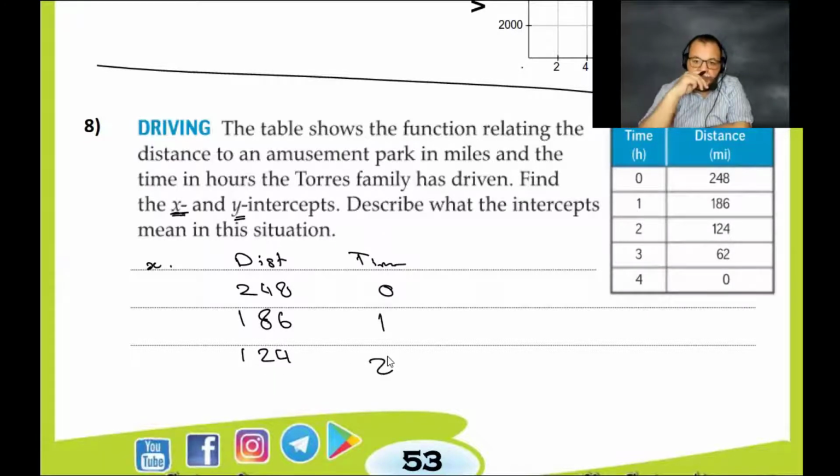So which one will be x and which one will be y? Time. Why time now? Time now is at the right, not at the left.